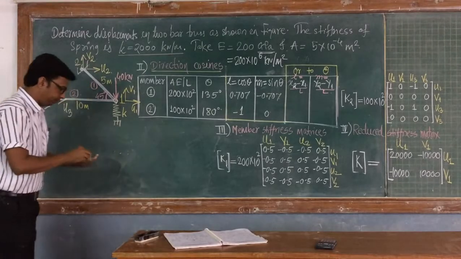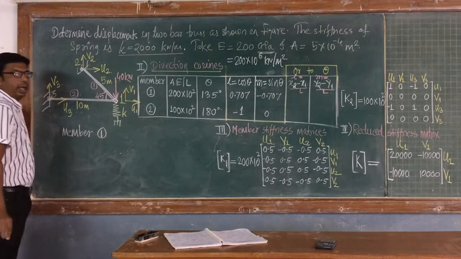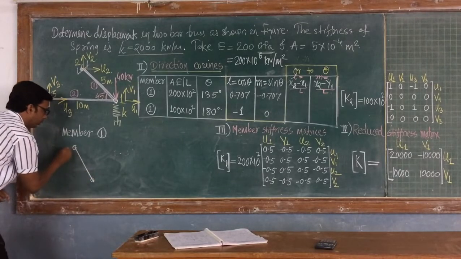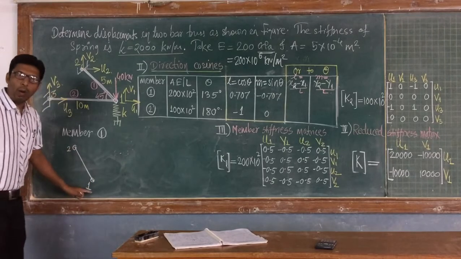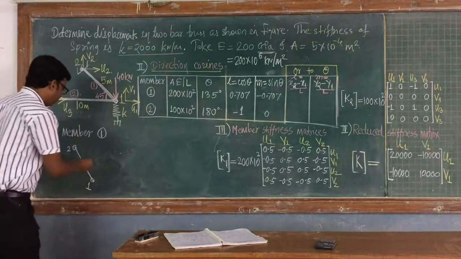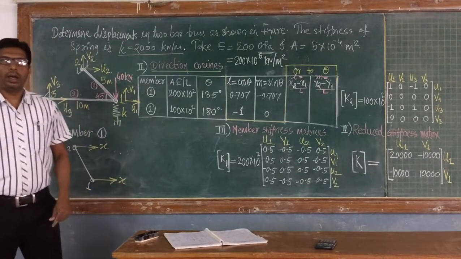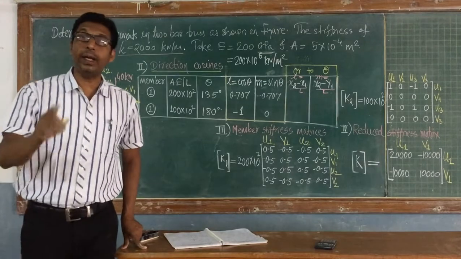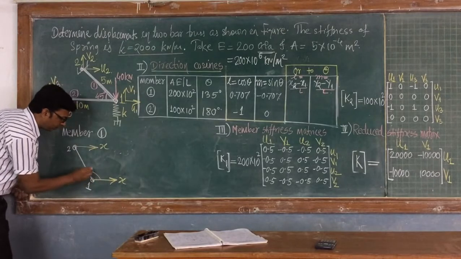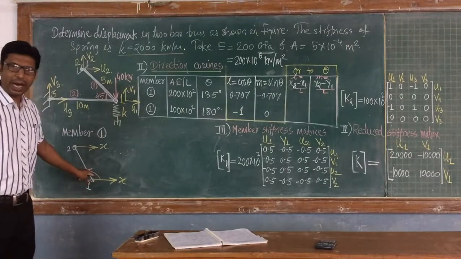So for member 1, member 1 is inclined. Joint number 1, joint number 2. So first show the positive x-axis. Now how is the angle theta measured? In anti-clockwise sense with respect to positive x-axis. So if you take node number 1 as the first node, this is theta.